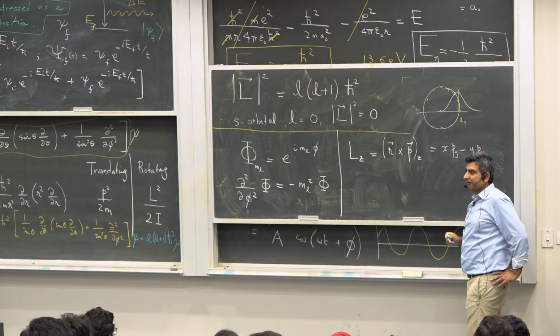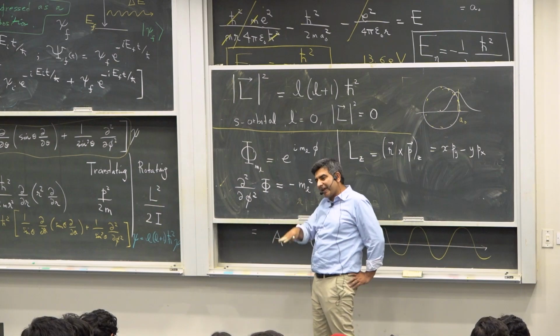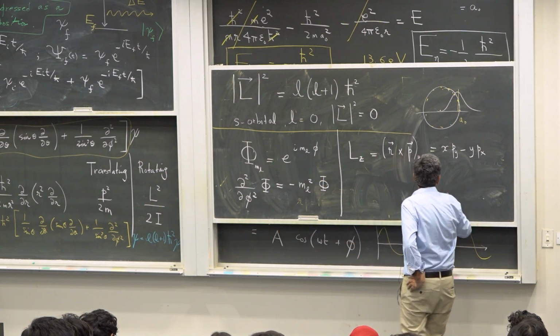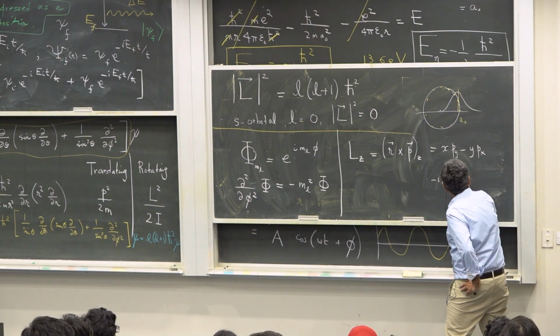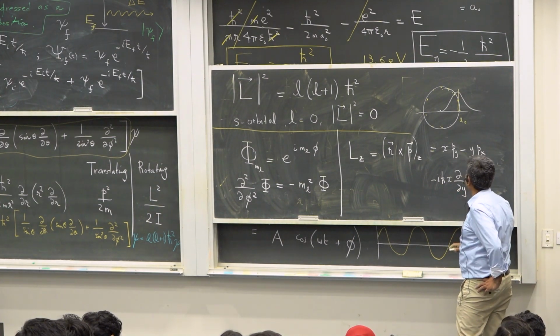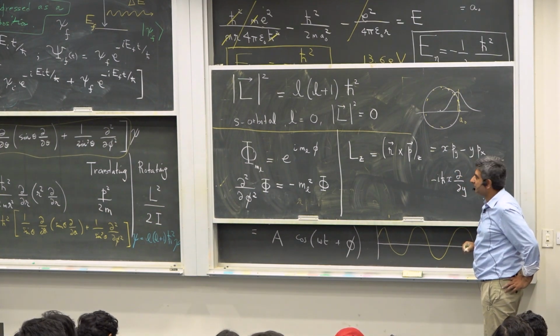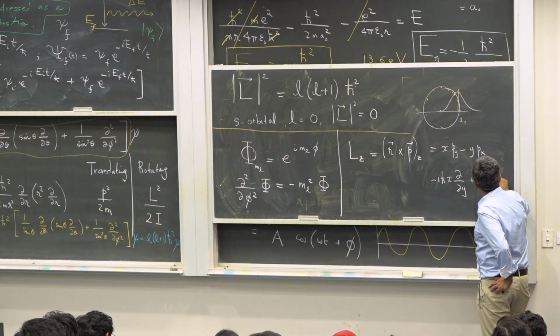But in quantum physics, we've seen that the momentums are represented by derivatives. So px is represented by minus i h bar derivative with respect to x, and py by plus i h bar derivative with respect to y.